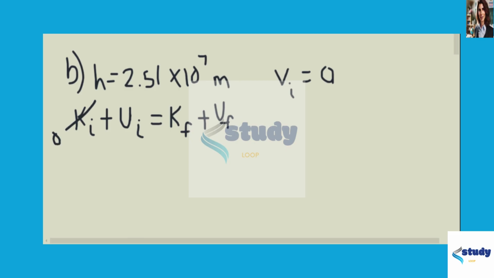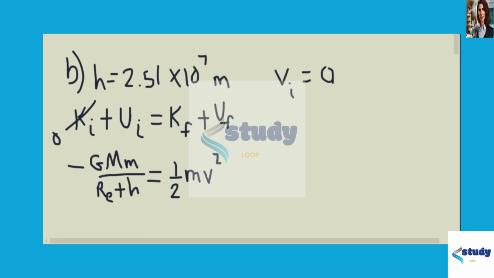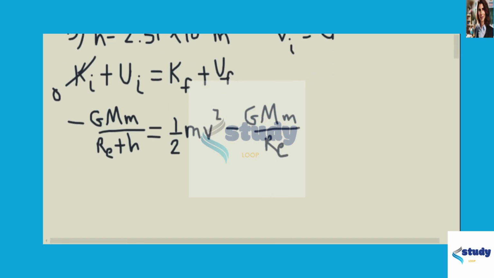Well, the initial kinetic energy is 0. The initial potential energy is GMm over R, but this is R_E plus h. It's negative, by the way. Kinetic energy final is going to be 1/2 mv squared, where v is the speed of impact, minus GMm over R_E.